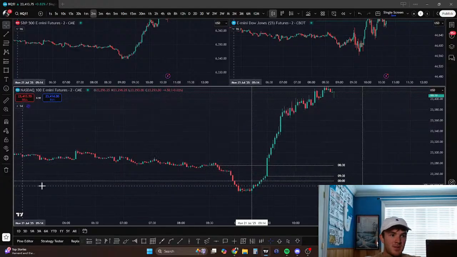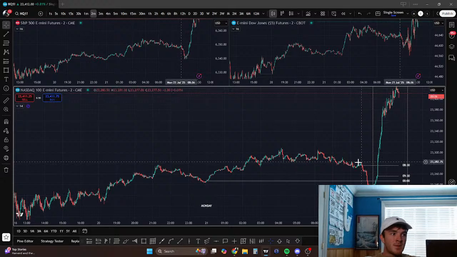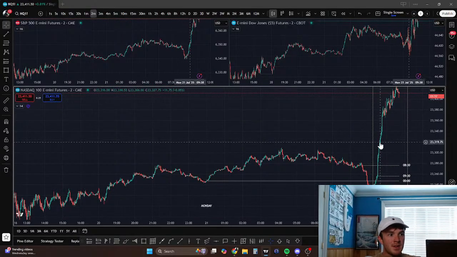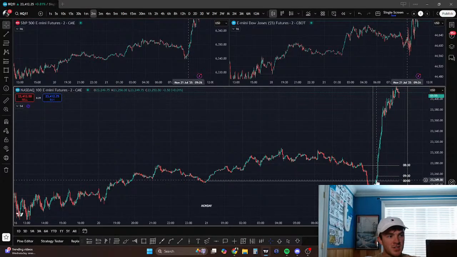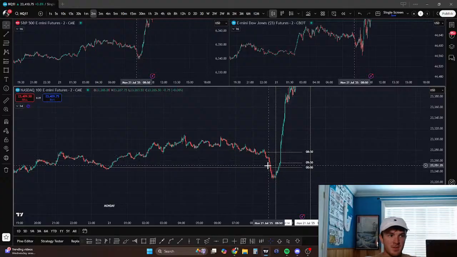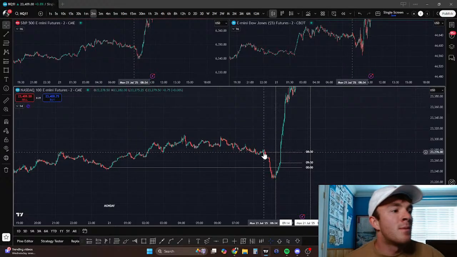Once again, observe our time levels, right? We go below midnight, below 8:30. We go below both of them. So we're in a deep discount. We hit that new week opening gap. Now we start to get inversions up to the upside. That's exactly what you want to see. You want to see the market dip below these time levels, because the market's going to remember these time levels.